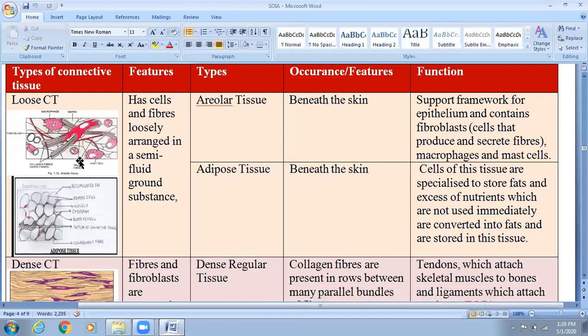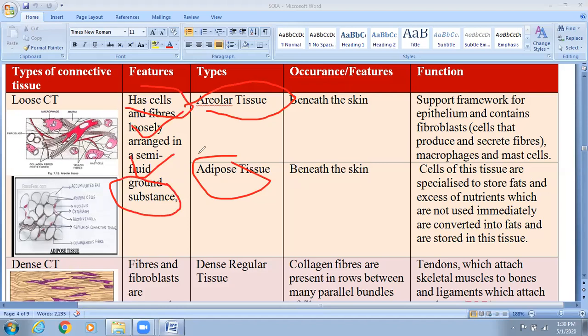They have two different types: one is the areolar tissue, and another is the adipose tissue. What is the feature of loose connective tissue? It has cells, fibers loosely arranged, and semi-fluid ground substance.